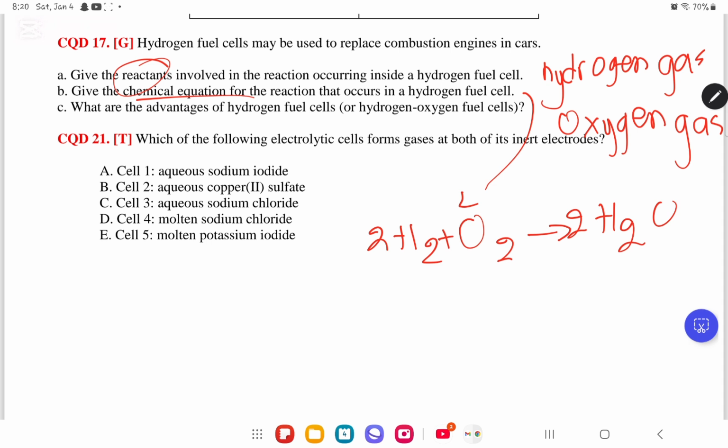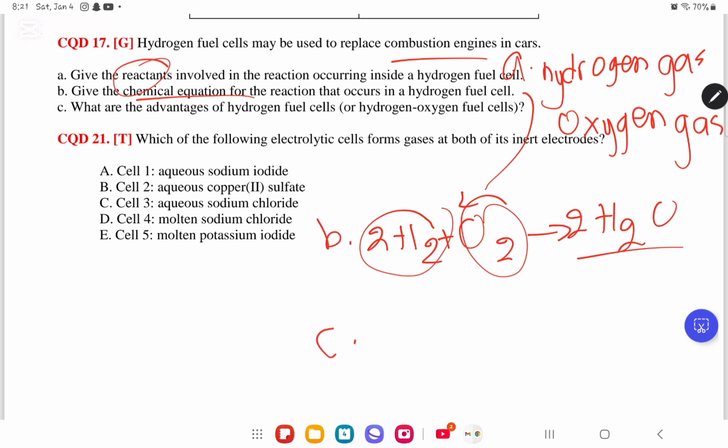So this is a hydrogen fuel cell. It's an eco-friendly way to form fuel. It will replace combustion, and it's formed out of hydrogen gas and oxygen gas, and then it forms water. So this over here is part A, this over here is part B. Now part C. What are the advantages of hydrogen fuel cells or hydrogen-oxygen fuel cells?